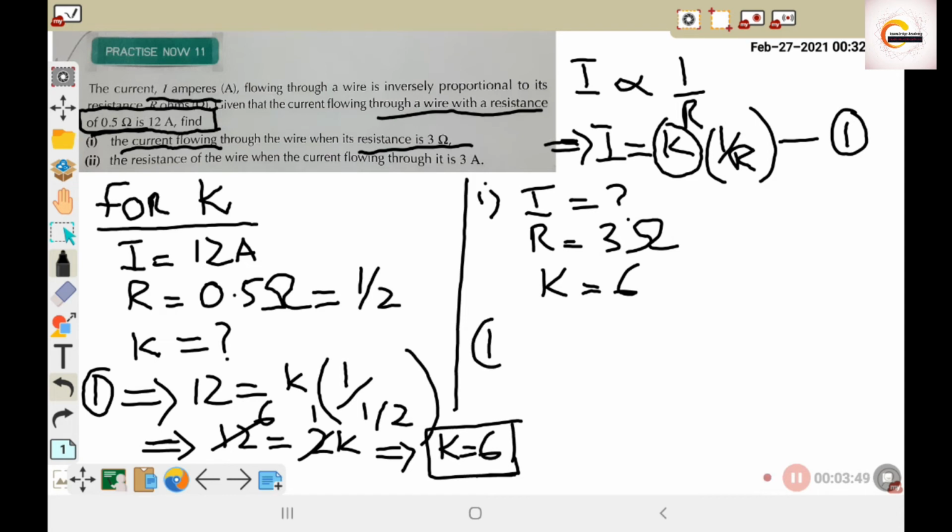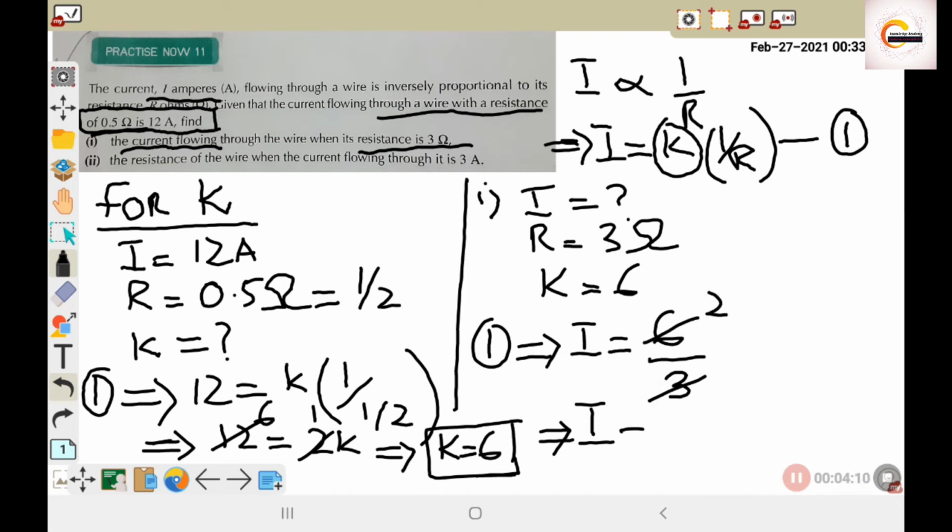Let's put all these values in our equation, and I is equal to 6 upon 3. 3 ones are 3, 3 twos are 6, and I is 2 ampere.